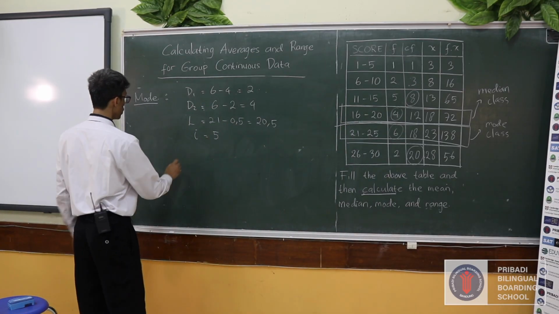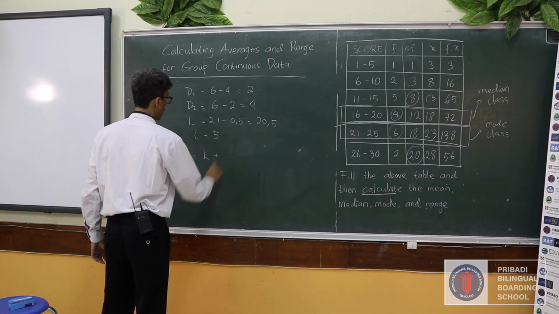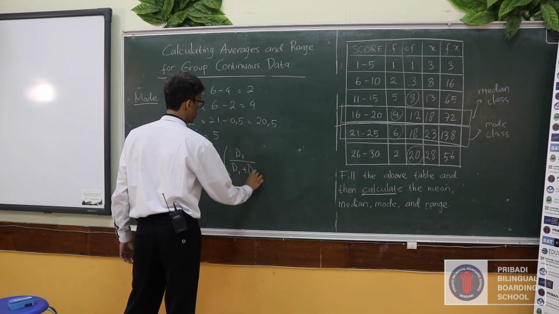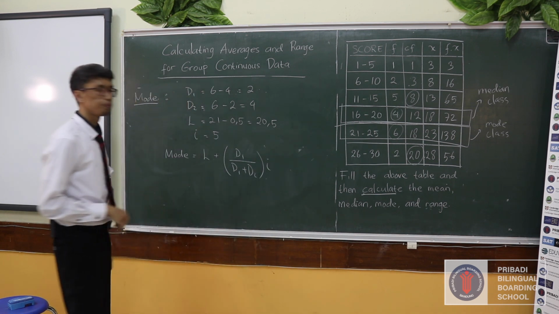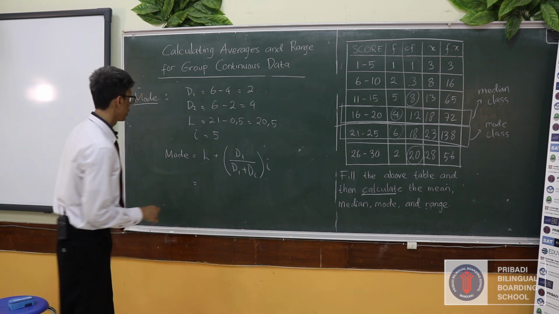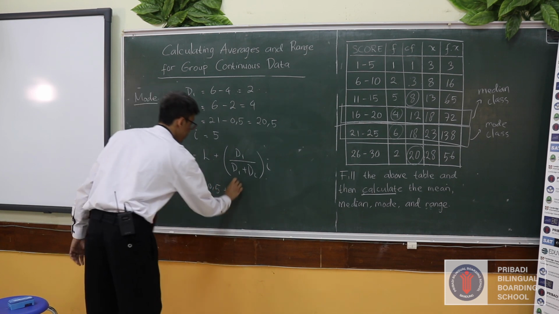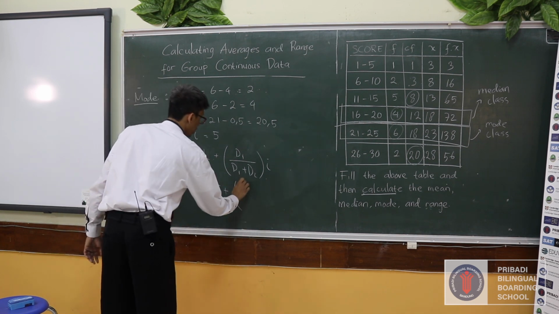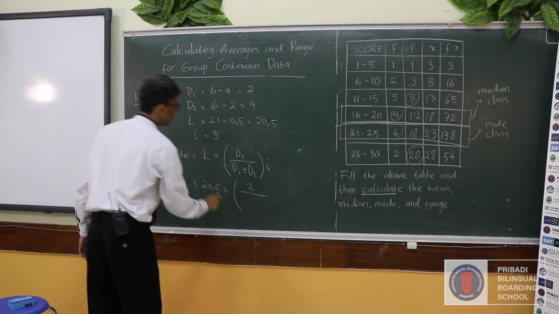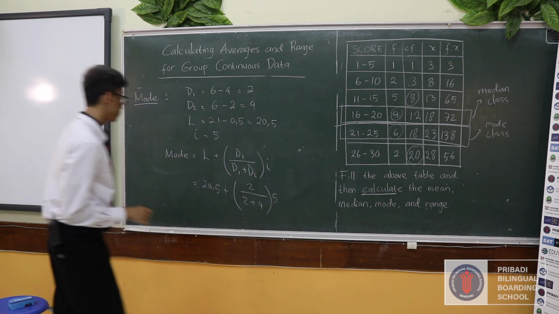Okay, so the mode is L plus D1 over D1 plus D2 times I. By using this information, easily we can calculate it, which is 20.5 plus D1, which is 2, over D1 plus D2, which is 2 plus 4, times 5 here.